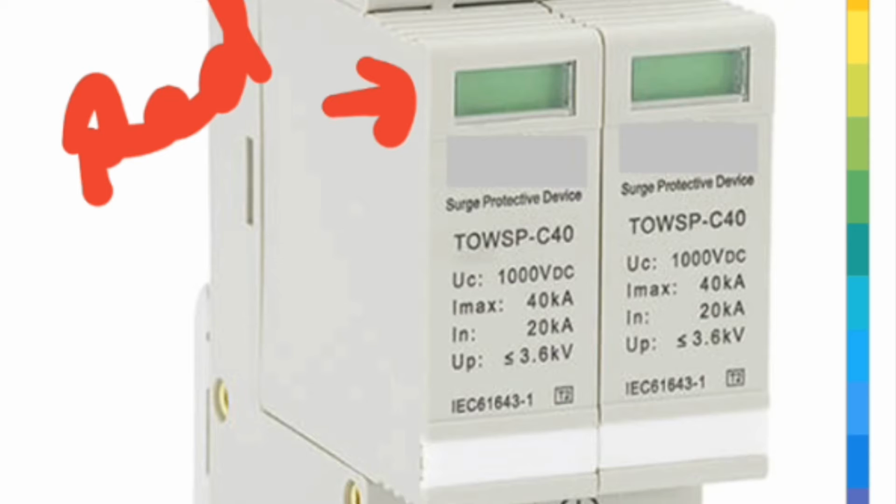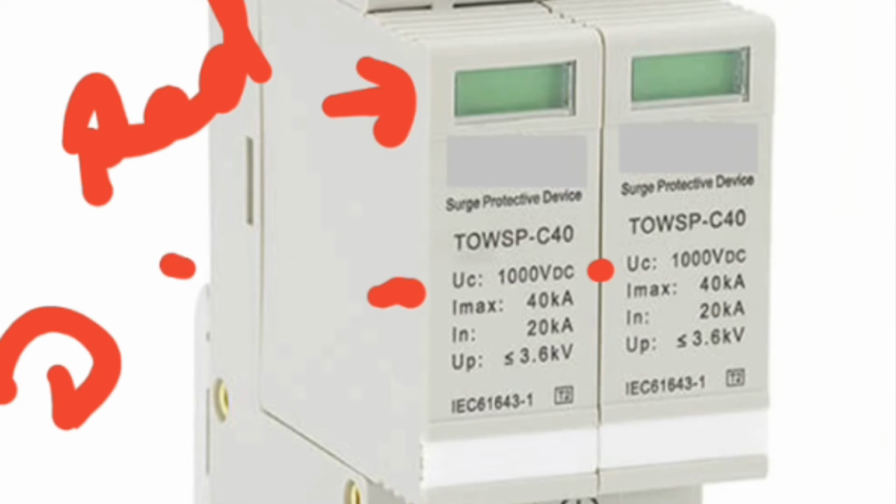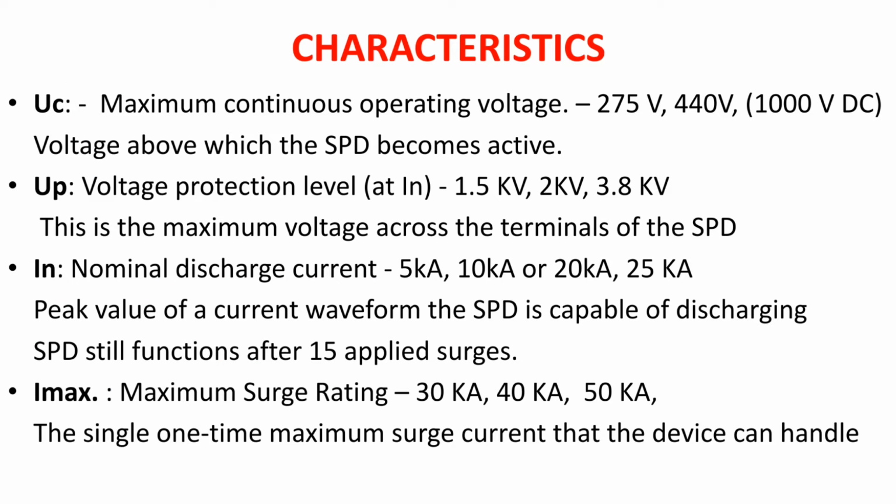Now let's see what other things are mentioned here. First one is UC. UC is maximum continuous operating voltage. Friends, this is a normal condition voltage above which your SPD will become active. For AC it will be like 275 volt, and 440 volt for 3 phase. As this is a DC SPD, it is mentioned 1000 volt DC.